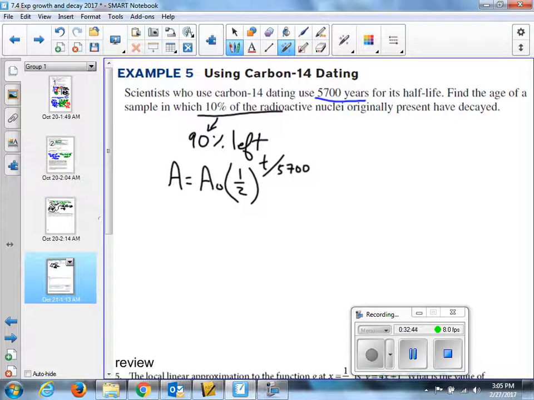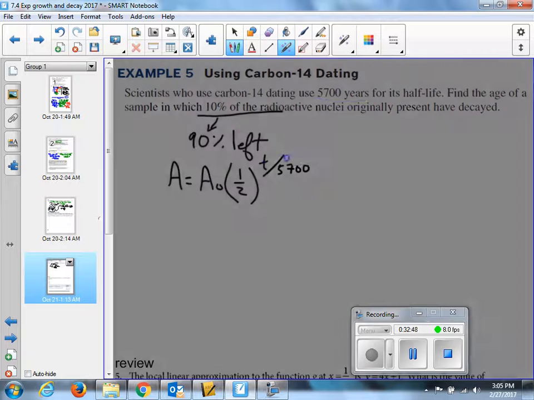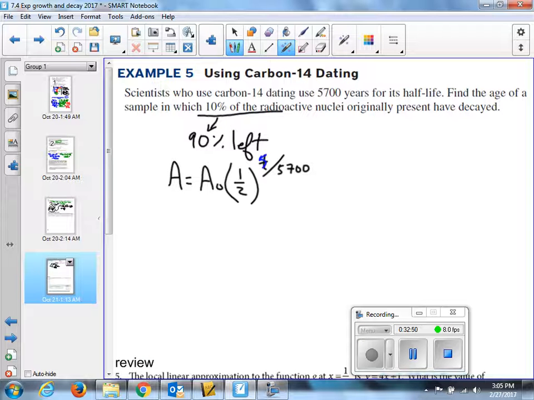I just made up this function here. So if the time was 5,700, you'd have an exponent of 1, right? 1 half-life would have occurred. Remember when I was over on the board talking about 100 grams? After 1 half-life, you have 50 grams. So that would just turn into, to the power of 1, half of whatever original amount you had. After 2 half-lives have occurred, so 2 times 5,700, you plug that in here, and you get 1/2 squared.